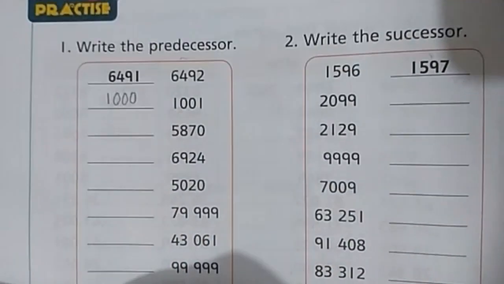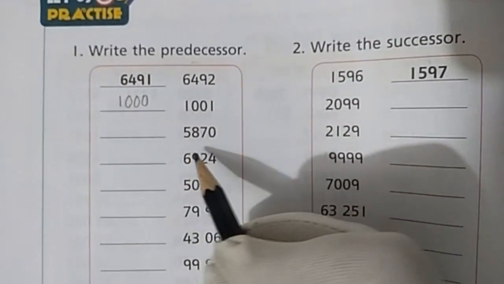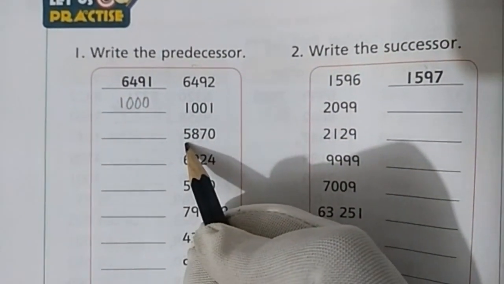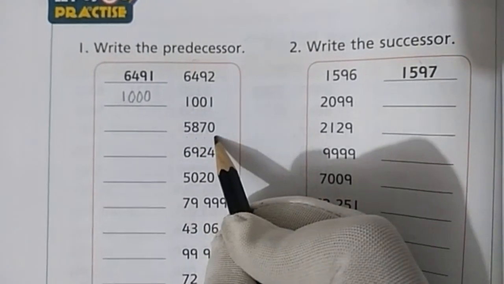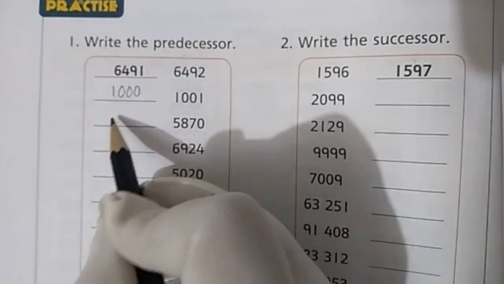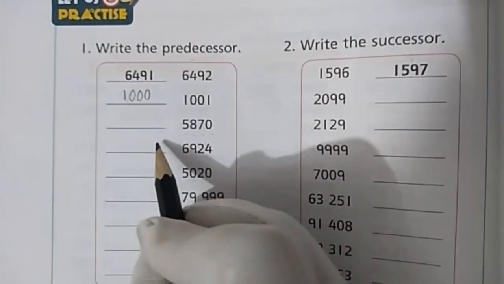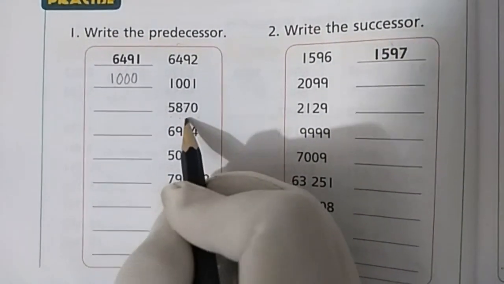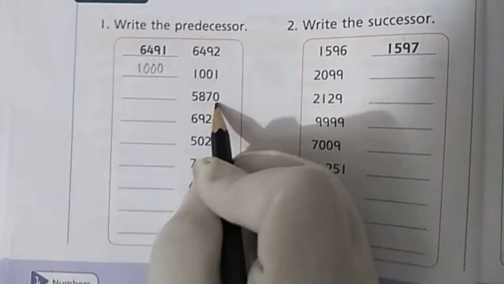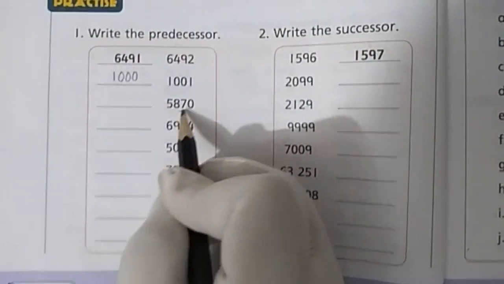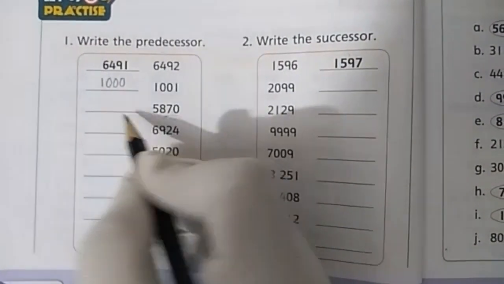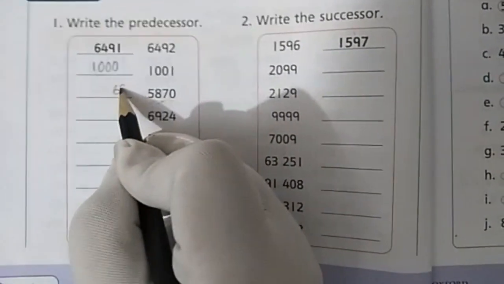1000. If the number is 5,870, what number comes before 5,870? We look at the number 70. Before 70, it is 69.